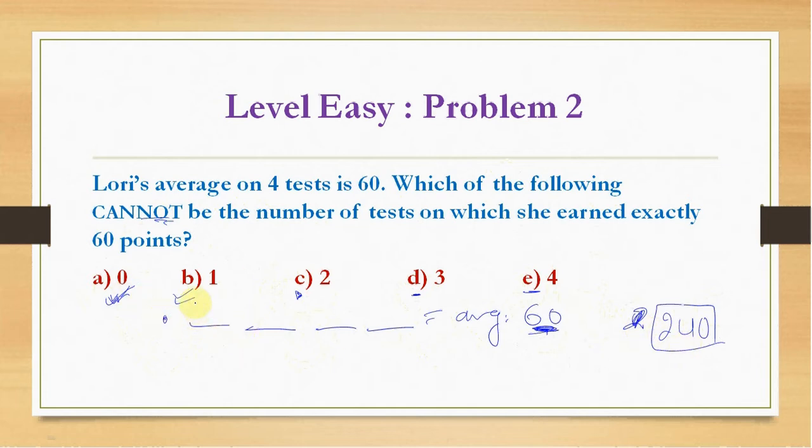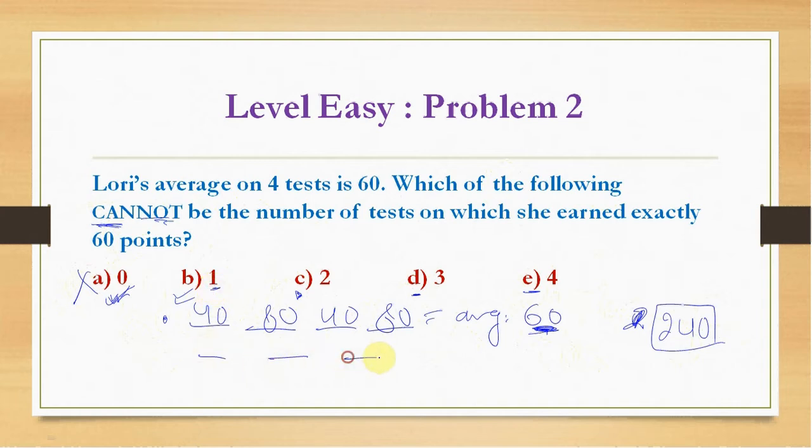For example, she can get 40 here, 80 here, 40 here, 80 here. So the total is 240 and she has not obtained any 60. So she can obtain 60 on 0 tests, and this is not our answer because we have to answer about what cannot happen.